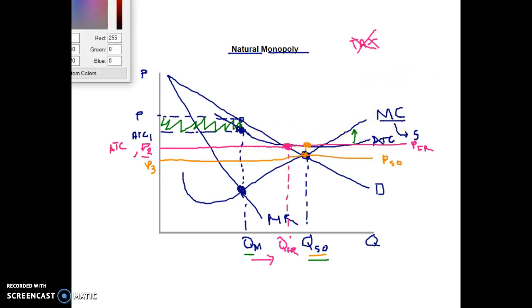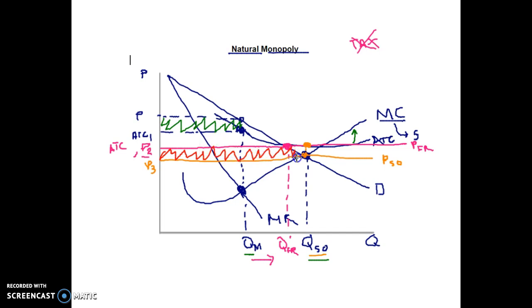And then this whole area here, if I can scribble this in all the way, is going to be a loss. Now, we don't want to operate at a loss where the costs, or ATC times QSO, are greater than our price or our revenue, or P3 times QSO. We don't want to operate there. And this monopoly will continue to operate at a loss unless the government comes in and subsidizes.